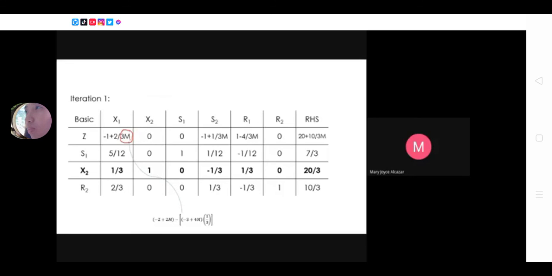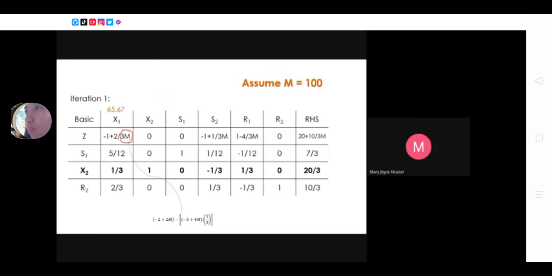So after successfully computing the values for iteration 1, you will look again for a possible entering variable. You will assume again that m is 100. So for the value of x1, substitute 100 for m. So that is negative 1 plus 2/3 times 100.